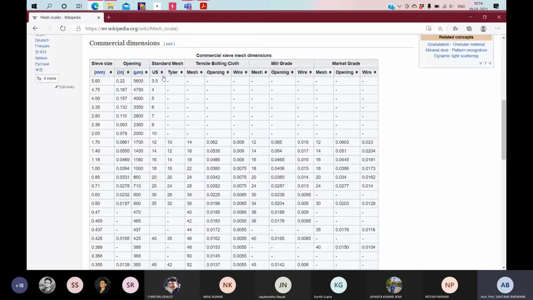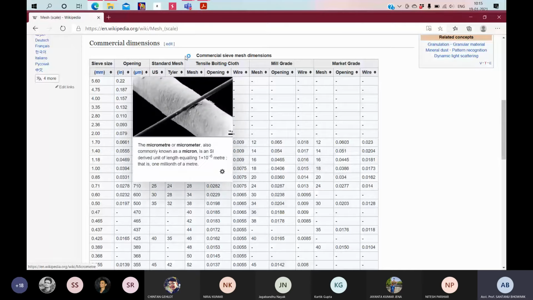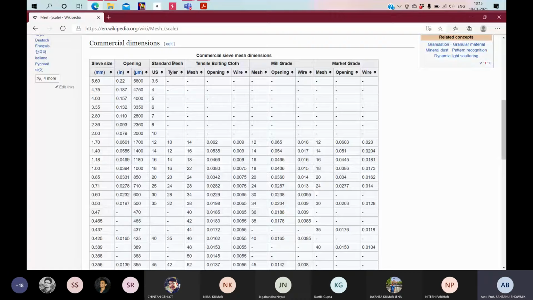You will see that there are some sieve sizes given in millimeter, and the openings are also given in inch and micrometer. Then there is the standard mesh size, which is the US mesh size. We are going to follow the US mesh size. You will see that some numbers are given.